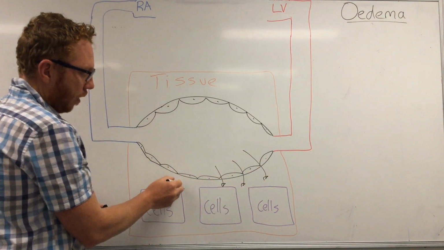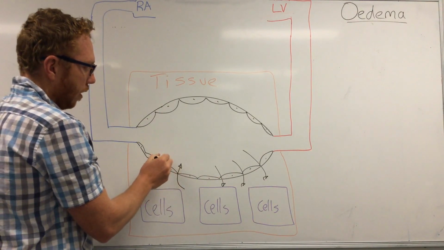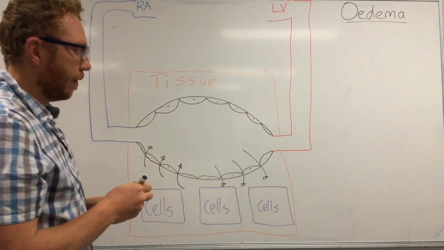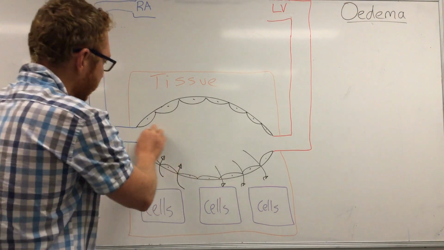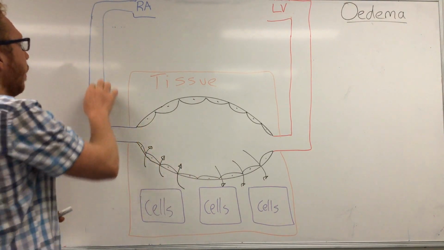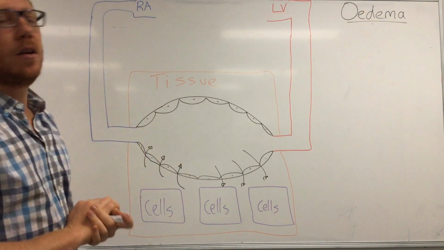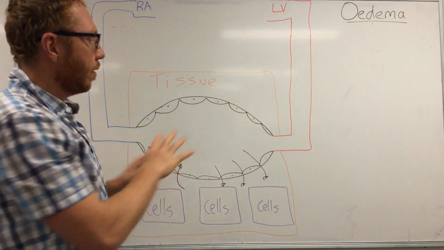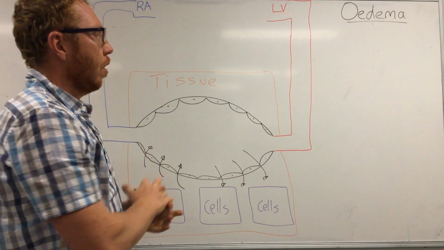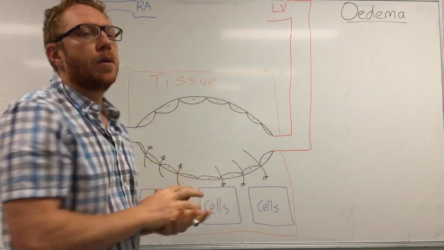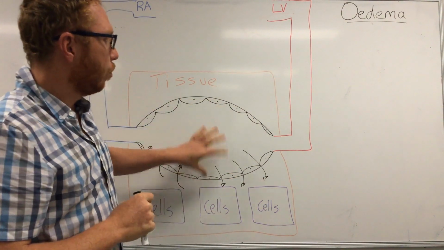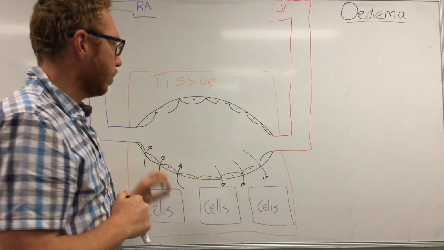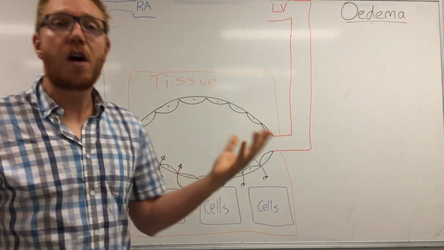Then hopefully the fluid or plasma gets sucked back into the capillary at this end, and taken back into the venous side, back up into the heart, to go to the lungs, and then do another cycle through. So that is essentially the point of why we have this cardiovascular system: to put fluid out to bathe the cells and to drop it back so we can survive.